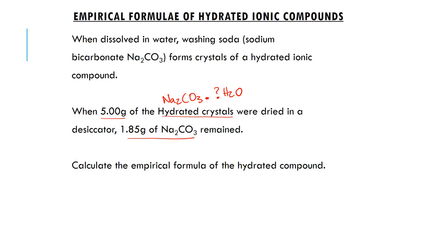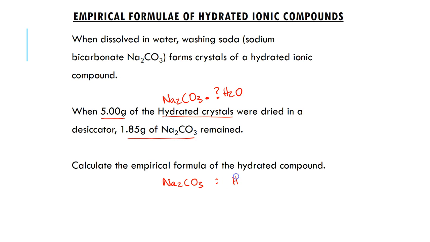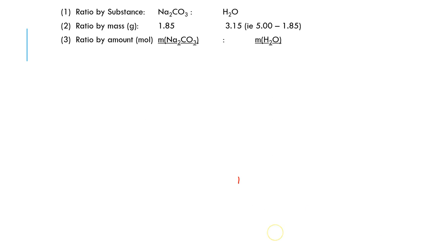So what we want to do here is work out the Na2CO3 is to H2O. Okay, so we know that we have 1.85 grams of Na2CO3, and then the water is going to be 5, which is what we started with, minus what we got left with, and that will be my mass of water.